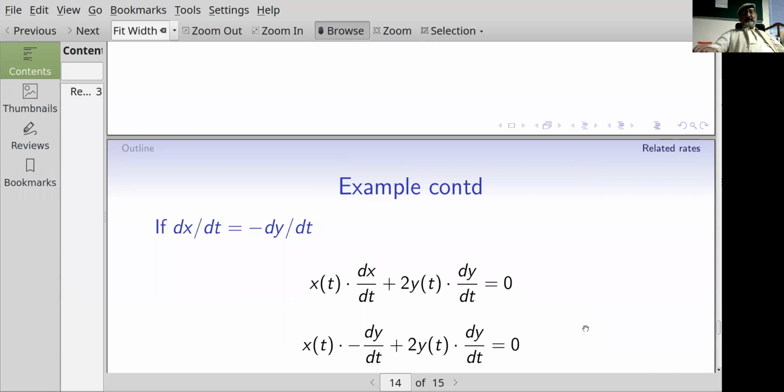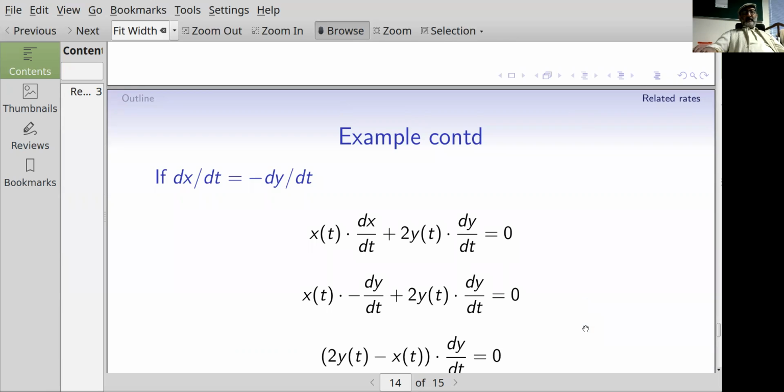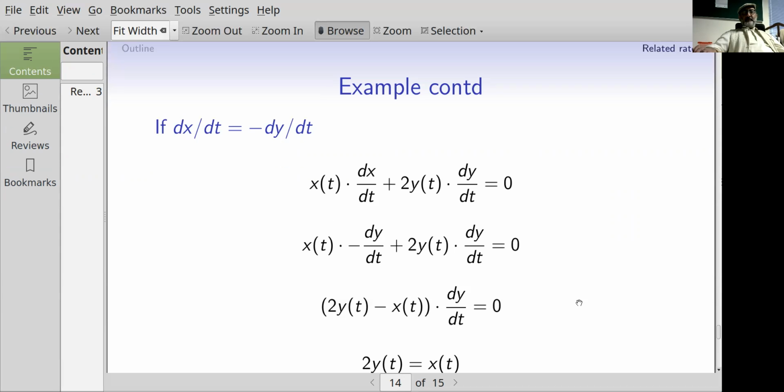So we have x(t) times dx/dt plus twice y(t) times dy/dt is equal to 0. Now when dx/dt is equal to minus dy/dt, this gives me x(t) times minus dy/dt. Substitute in minus dy/dt for dx/dt, plus twice y times dy/dt is equal to 0.